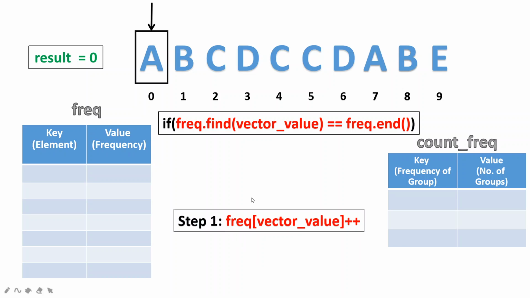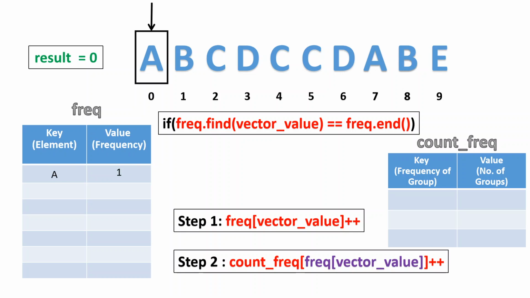Hence, step 1 would be to increase the value. What this means is basically having a, that is the vector value, put inside the frequency hash map: FREQ of a plus plus. What it does is initialize a key-value pair of a corresponding to 1. The next step is where we update the count frequency hash map.